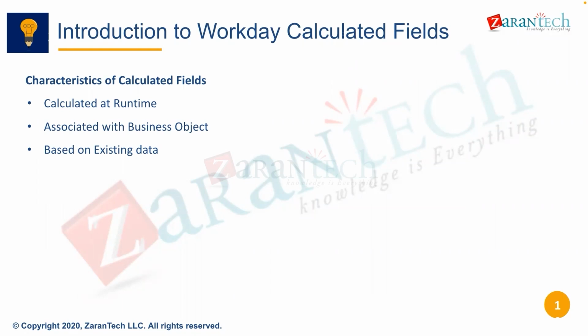Every time you run a calc field, the data is extracted from that database. And if you look at the whole Workday system as a tree format, then it's associated with the business object, and the data which is there in the database will be extracted out. So these are the three main characteristics of calculated fields, and we'll be seeing how these values are basically calculated.